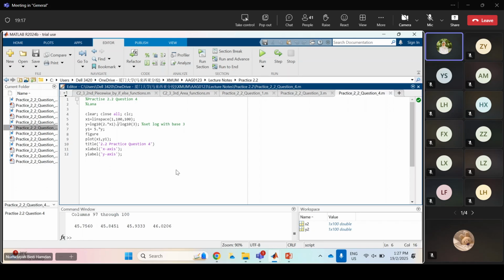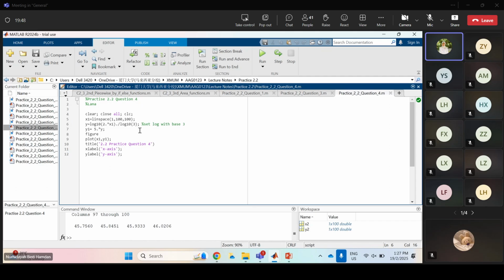So f(x) is 5 log base 3 of 2x, and I have to convert it, so it will be 5 times log10 of 2x over log10 of 3. This one needs a bit of mathematical knowledge.